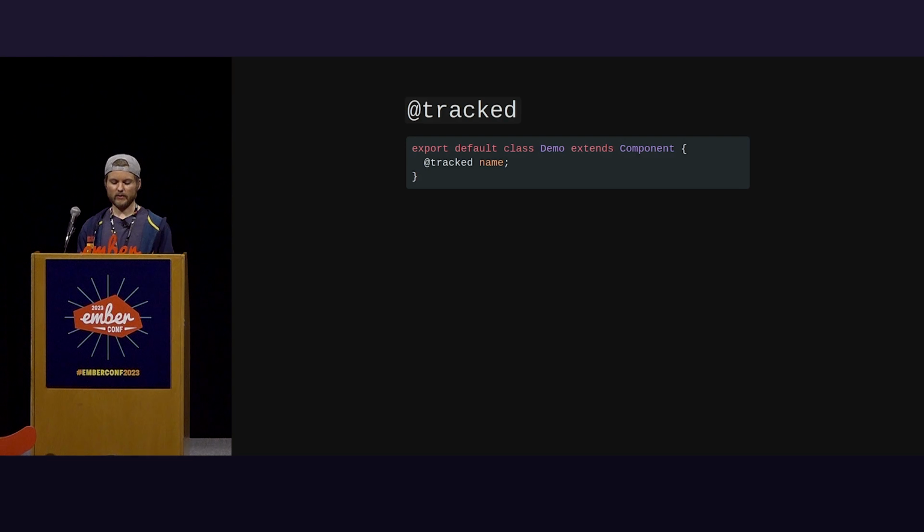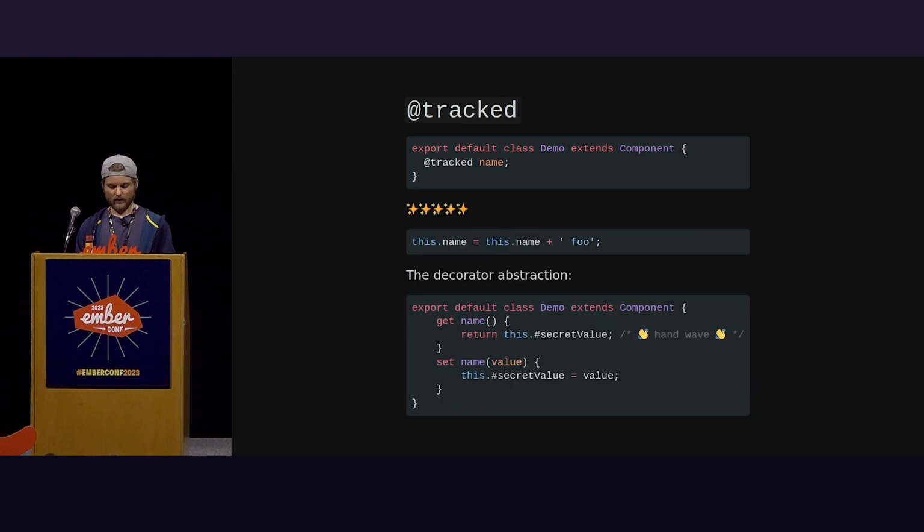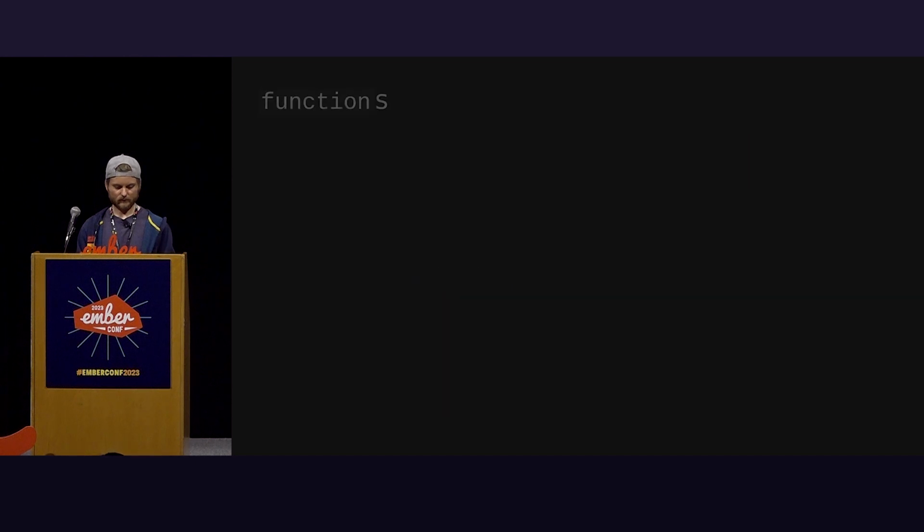In Ember Octane, it was assumed that all reactive state, or root state, the very root of what auto-tracking pulled on, would exist on a property in a class, which would then be decorated with the @tracked decorator. This use of a decorator allows for a hidden getter and setter so that the reactivity system can still operate while allowing native access to those properties. We'll see how this works later.